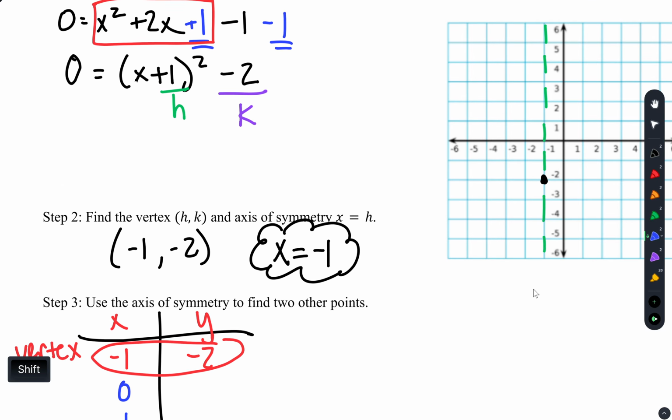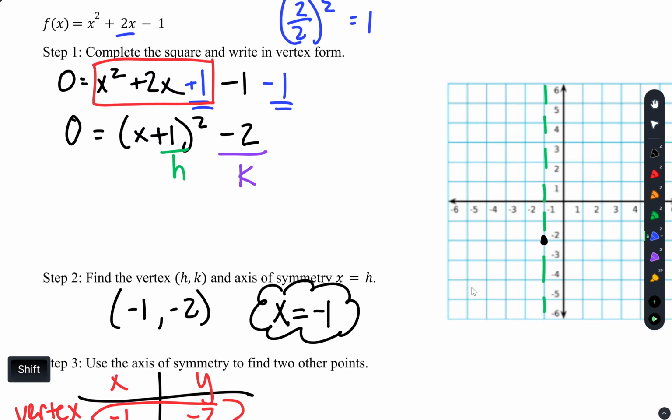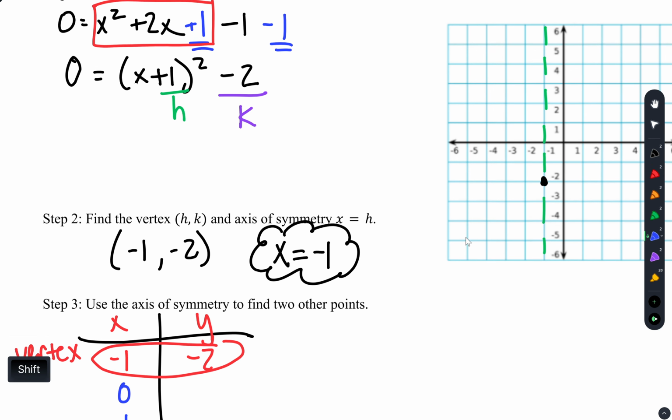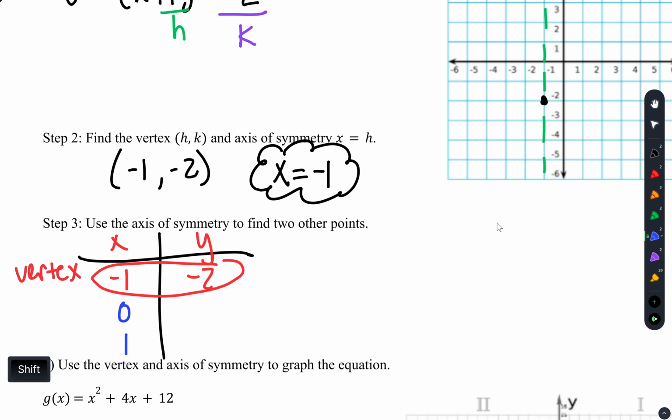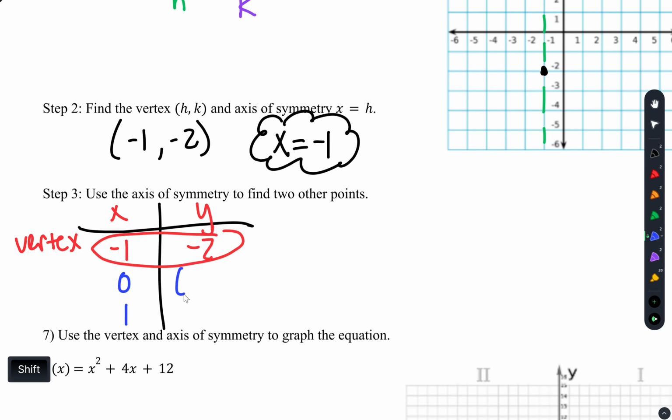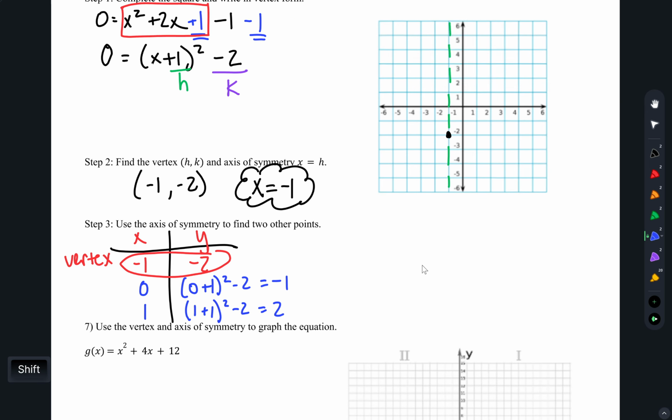In order to find my y values, I'm going to take either my original or my vertex form is fine. x plus 1 squared minus 2 is pretty easy. So let's do x plus 1 squared minus 2 for each, and simplify. This is a -1, and that is 2. And plot here and here.